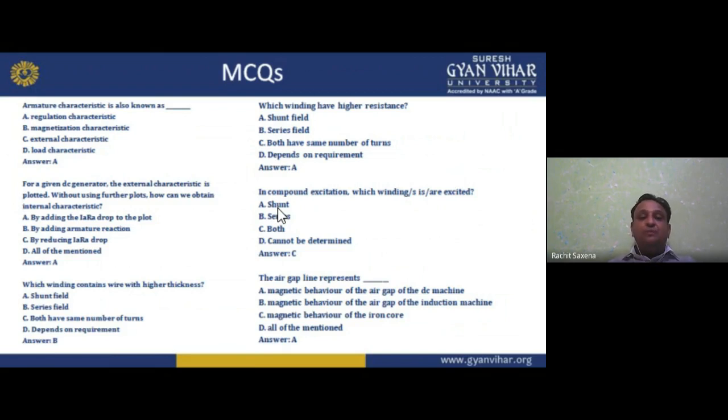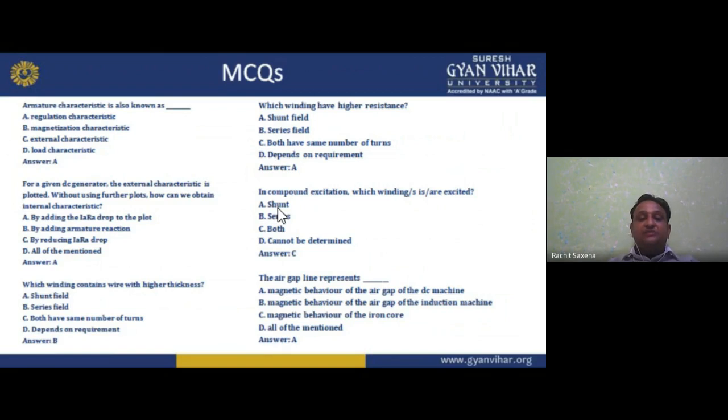Without using a further plot, how can we obtain internal characteristics? By adding the IaRa drop to the plot, by adding the armature reactions, by reducing the IaRa drop, or all of the mentioned. First we have seen the armature reaction drop, then we can add the IaRa drop, and then we can obtain the external characteristic. I hope you understand. Okay, the option is E.